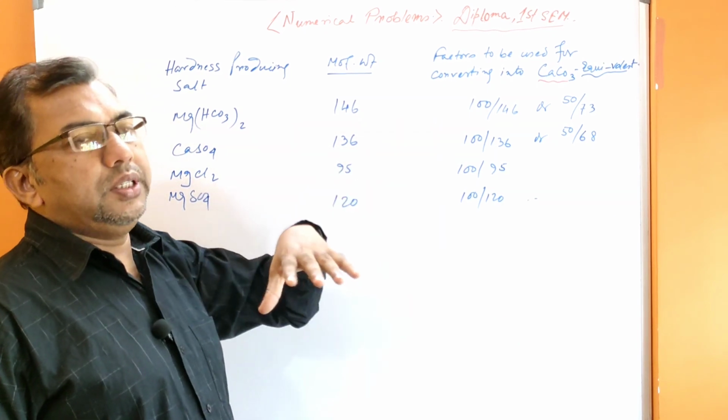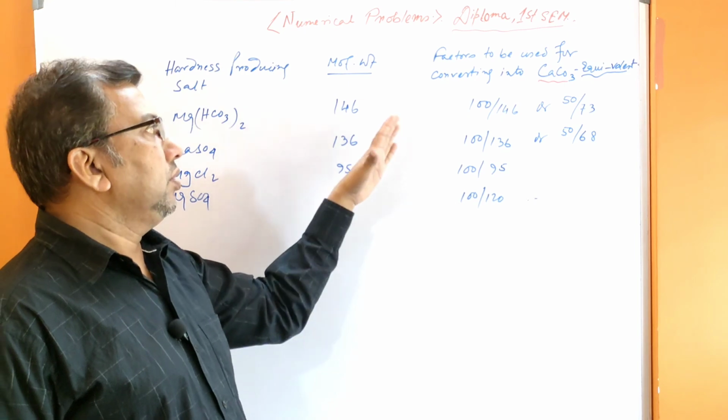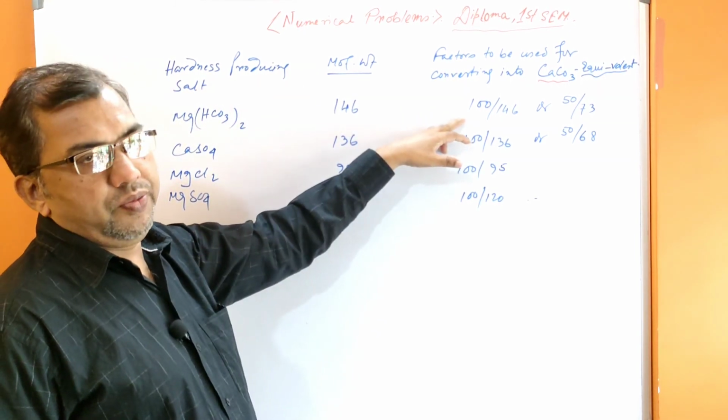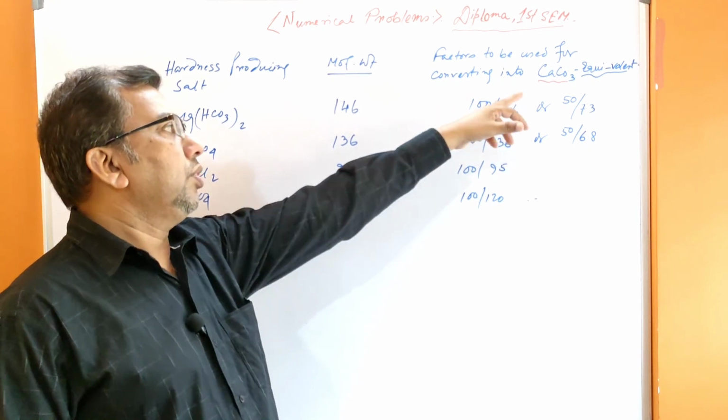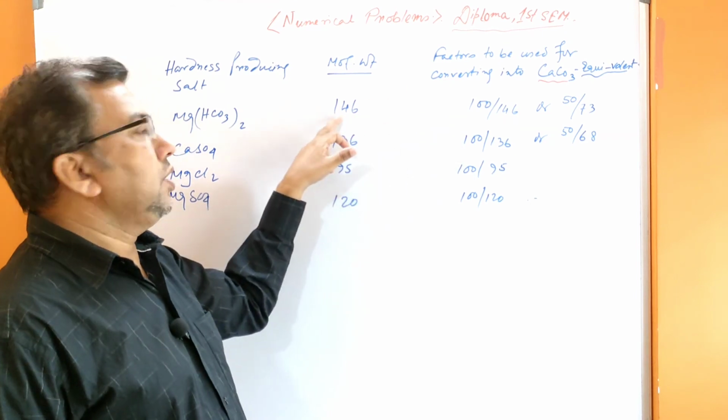You have learned in the class that in case of the EDTA method, you have to convert all these molecular weights using a factor. Because calcium carbonate's molecular mass is 100, the factor is 100 by the molecular weight.